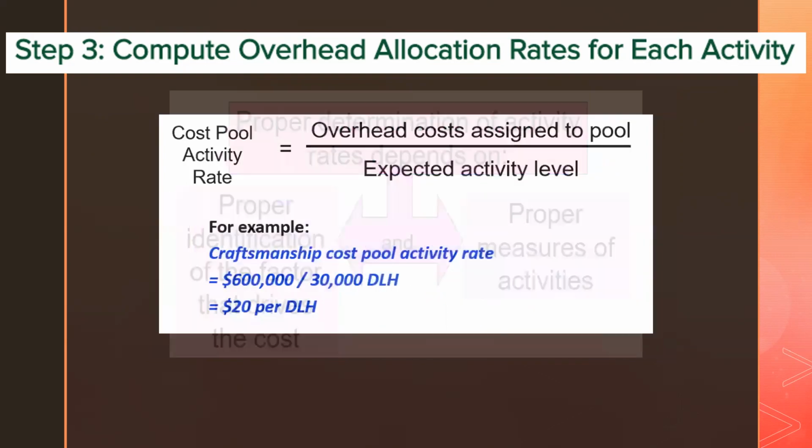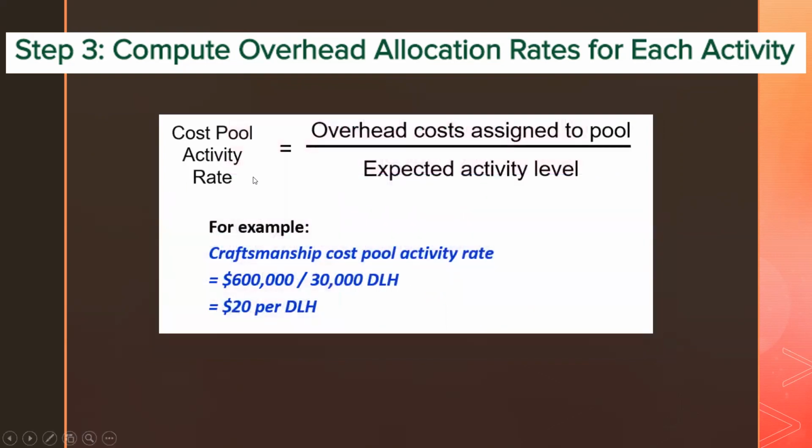So again, to figure out the rate for each cost pool, we're going to take the overhead cost assigned to the pool divided by the expected activity level. So for the first one, we know that the craftsmanship cost pool was $600,000. That was just the assembly line power. We're going to divide that by, they've come up with direct labor hours is the best way to allocate that.